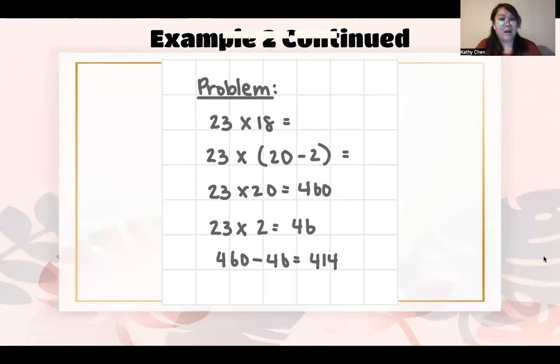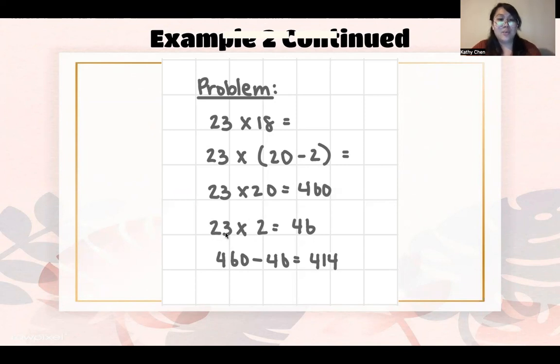Another way to solve this problem would be right here, 23 times 18. This student took the 23, left it alone. Then they broke up 18 as 20 minus 2, because 20 minus 2 equals 18. They then wrote 23 times 20, which gave them 460.